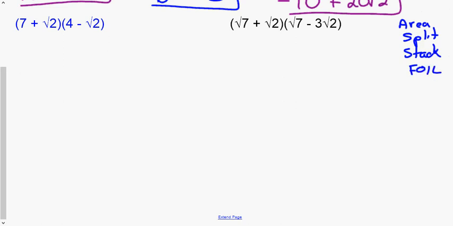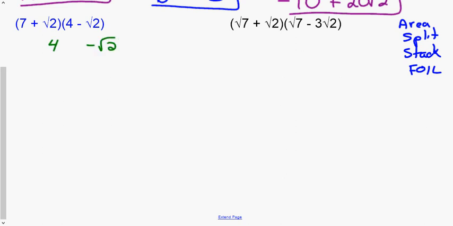Like stack can be a bit of an issue, but you can work through it. As long as you know how to do stack properly, you can do it correctly. And then of course FOIL. I'm going to show you the area method on this first example.